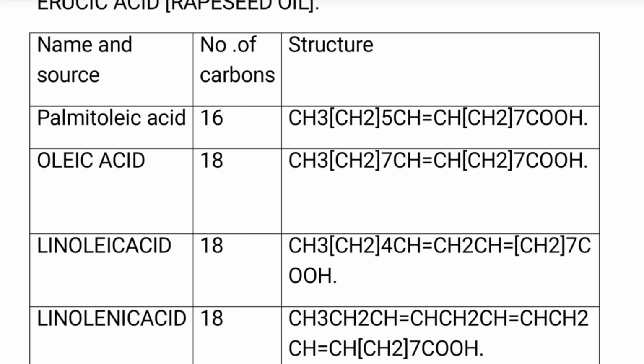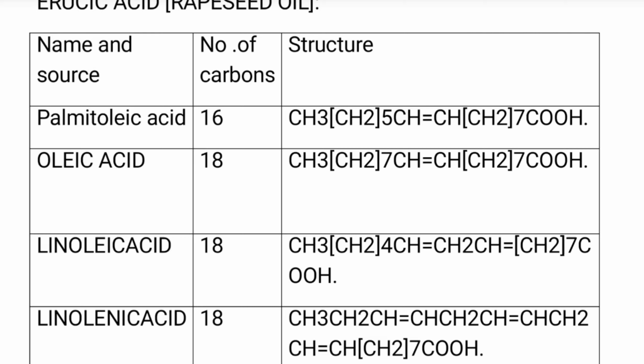So 1 plus 5 is 6, and next the 2 carbons, 7 and 8, connected with the double bond, and next 8 plus 7 is 15, and next the carboxylic acid carbon is 1, making 16. In this way you can count everything present in the structure of each and every acid. So this is the basic structure of the 16 carbons of palmitoleic acid.